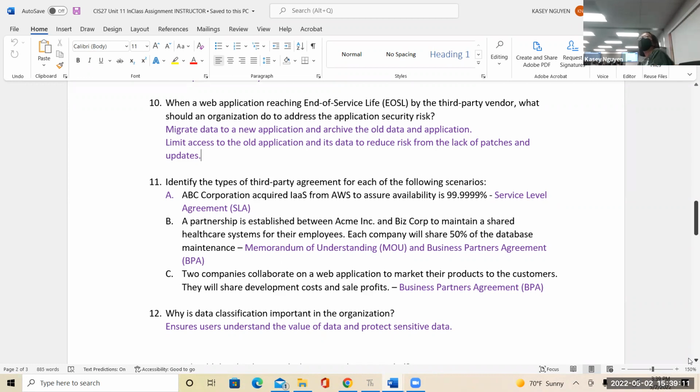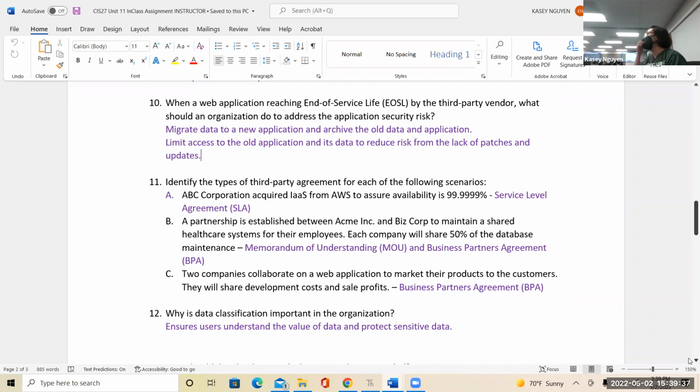And the third one, two companies collaborate on a web application to market their products to the customer. And anything that they would make as profit, they would share. And it could be a percentage, right? One might be equal or more, depends. So that is more specific to a BPA, business partners agreement. That usually relates to product shares and other things.